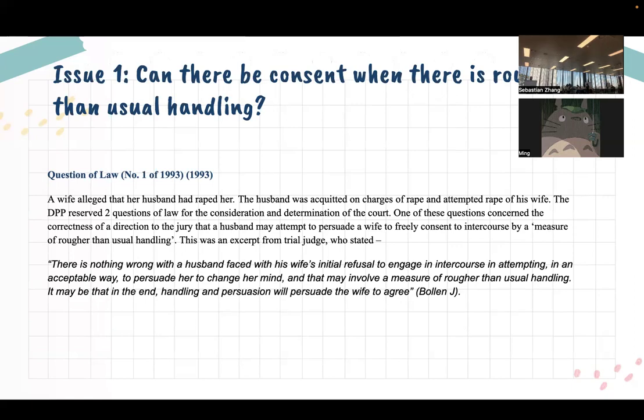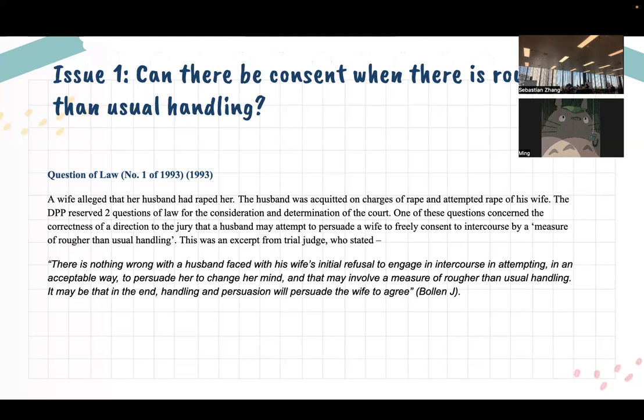First issue is, can there be consent when there is rougher than usual handling? This sounds quite similar to the case when we first started, isn't it? So this is a question of law number 1, where the husband was acquitted on charges of rape and attempted rape of his wife. There were 2 questions of law, right?